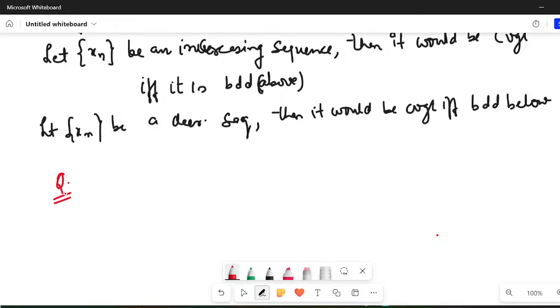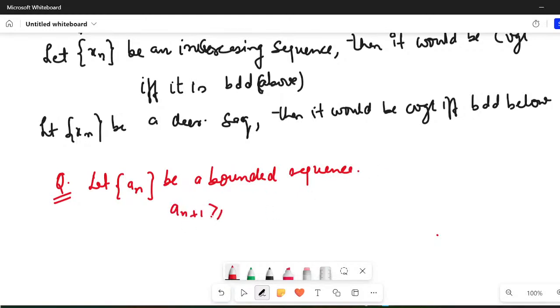The question says that, let an be a bounded sequence, and it is given that an plus 1 is greater than or equal to an minus 2 raised to power minus n.